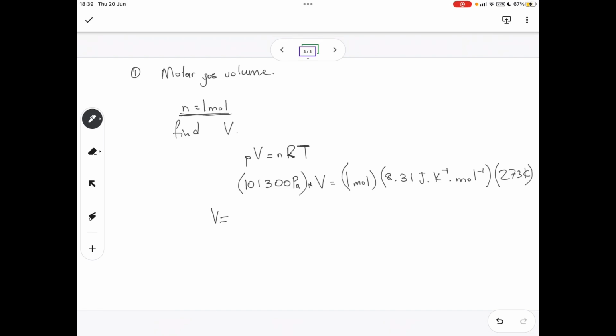So when we work this out, we can make V the subject of the formula. So we've got 1 times 8.31 times 273, and this is divided by 101,300. So let's just quickly do the math.